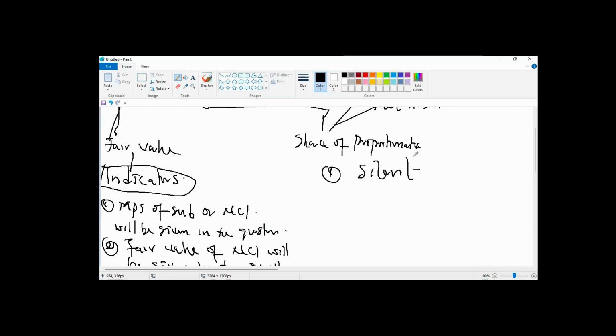Net asset method: after we have gotten the net asset, share it. Two, company policy. They will give you indicators of fair value in the question. They will not contradict it. That is the policy to use share or proportionate method, not fair value.